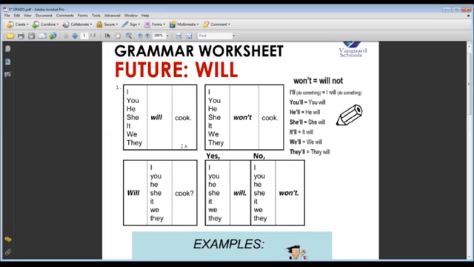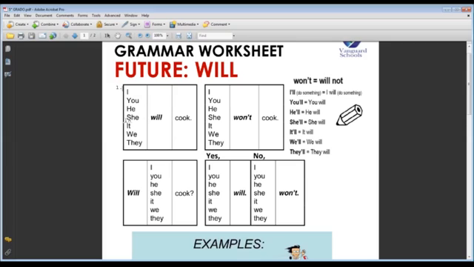¿Ok? ¿Qué significa? Si yo digo I will cook, en español significa yo cocinaré. Si yo utilizo el pronombre you y hago esta oración, you will cook, significa tú cocinarás. Si yo utilizo el pronombre he y hago esta oración, he will cook, significa él cocinará.